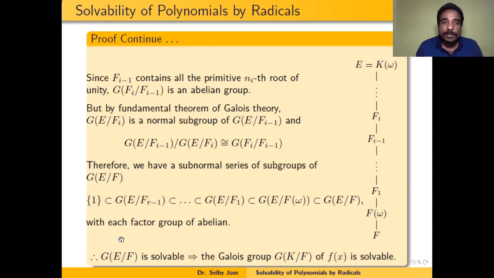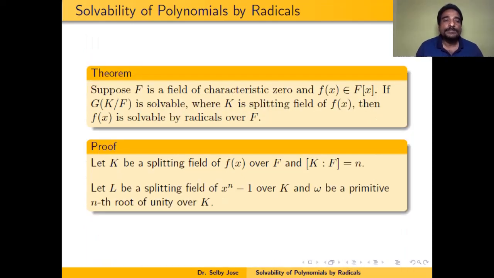In the next theorem, we prove the converse of this. The converse says that suppose F is a field of characteristic 0 and f(x) is a polynomial over F, and if the Galois group of K over F is solvable, where K is a splitting field of f(x), that means the Galois group of K over F is the Galois group of the polynomial f(x), then you want to show that f(x) is actually solvable by radicals.